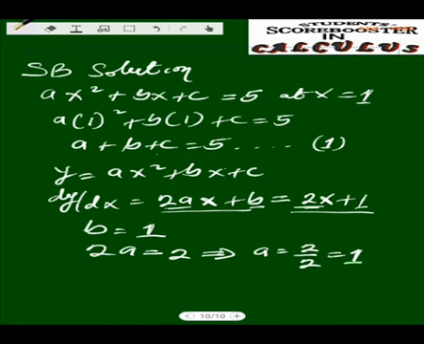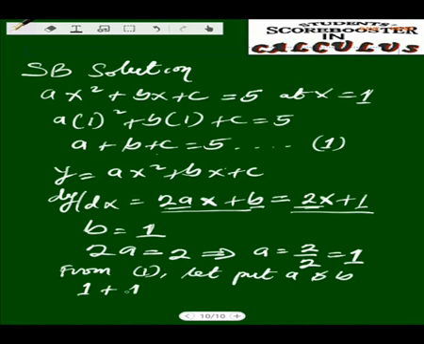Now let's use equation 1 and substitute the values of a and b. So we have 1 plus 1 plus c equals 5, which means 2 plus c equals 5.